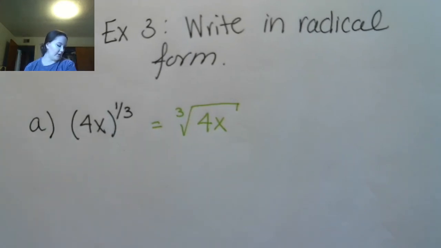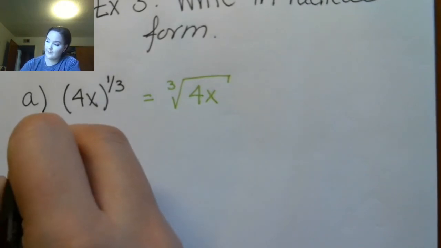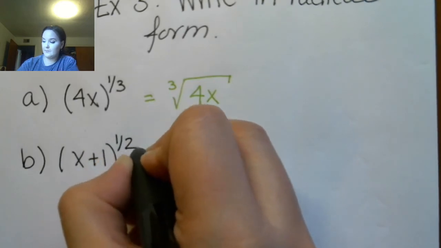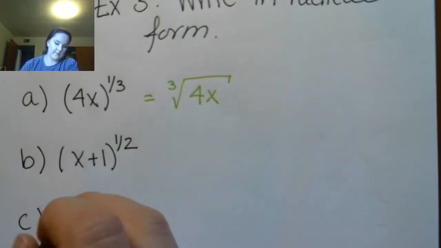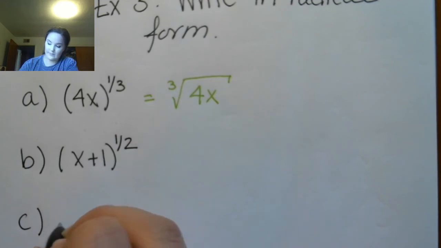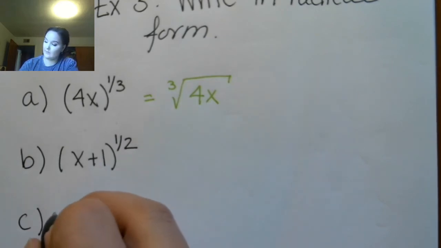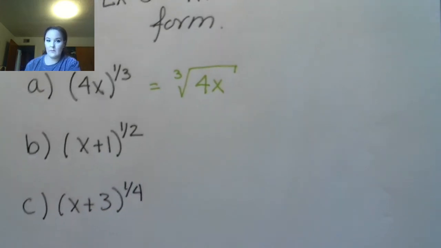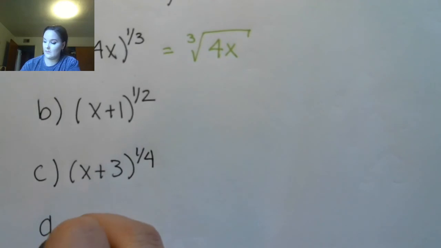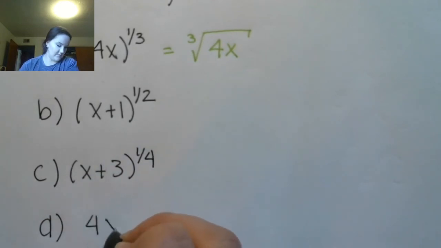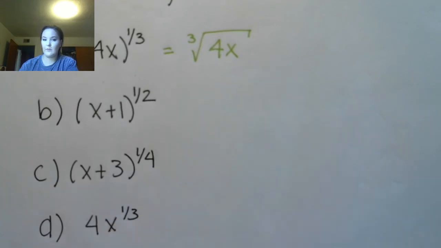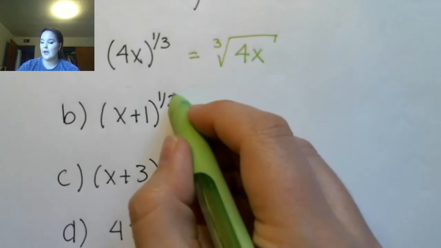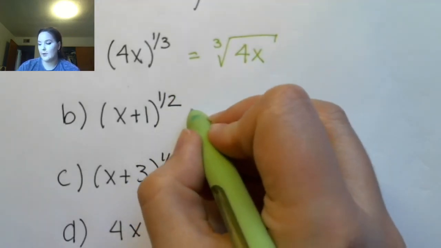So let's try a couple more of these. For the second one here, again, the denominator of the exponent becomes the index.